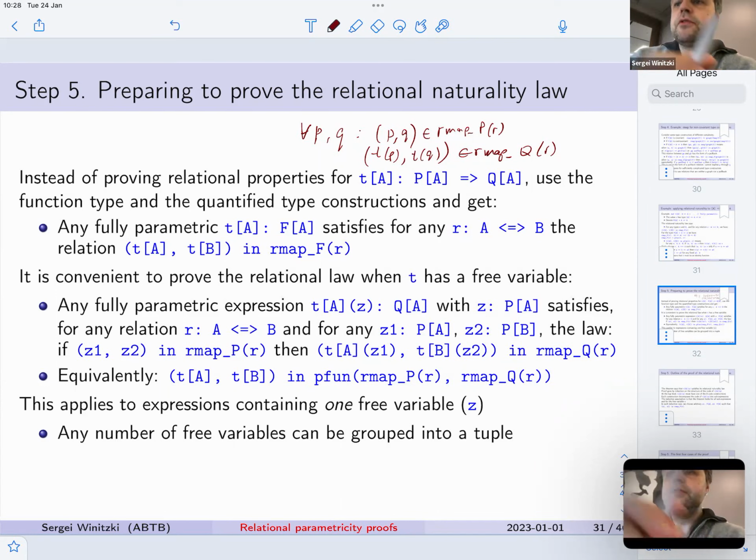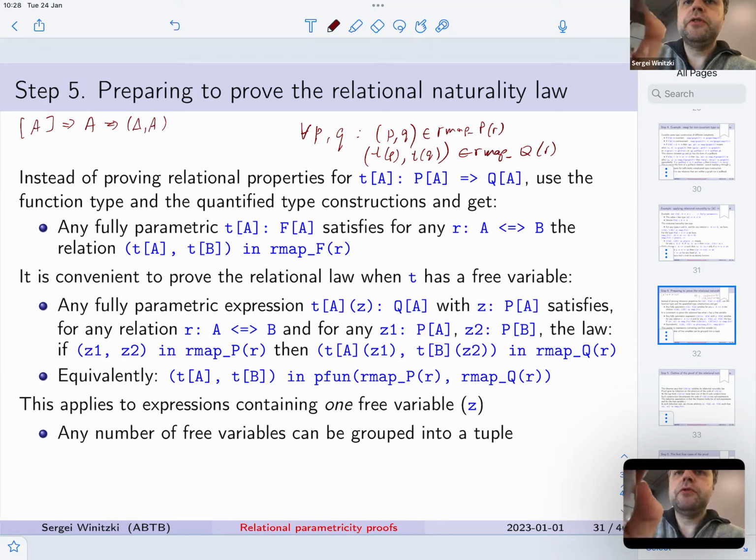So consider, for example, the function of this type: for all A, from A to pair of A A. The code for this function, let's write this in Scala: from x to pair of x x.